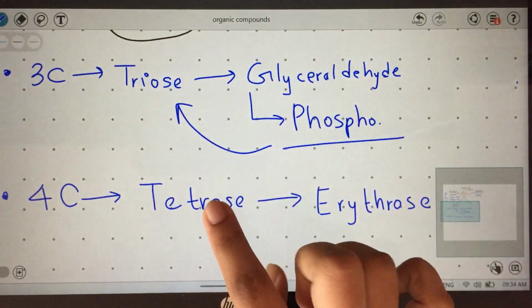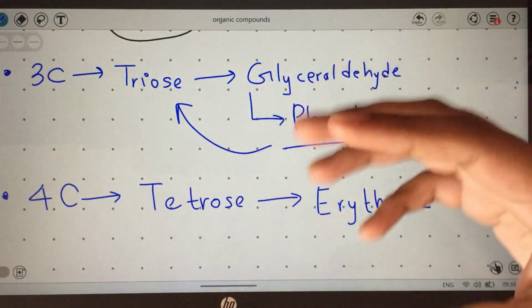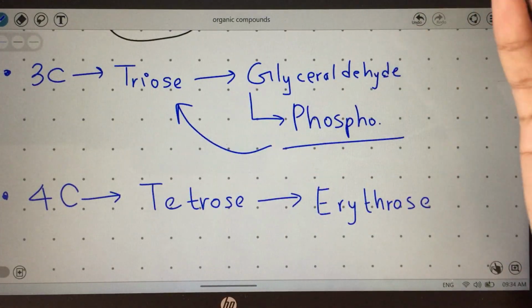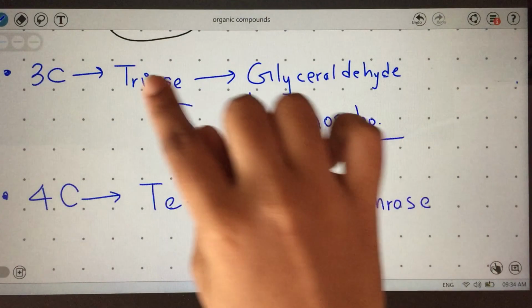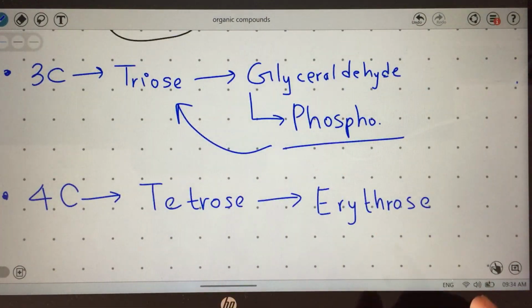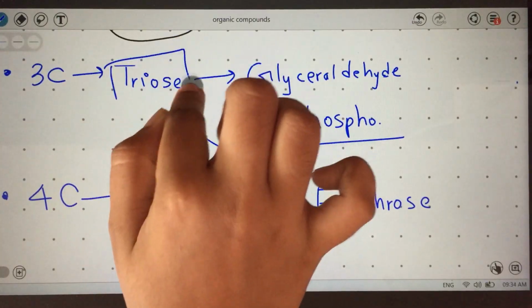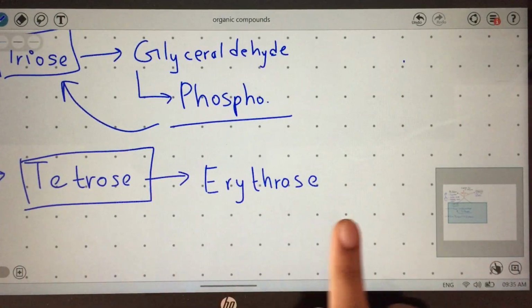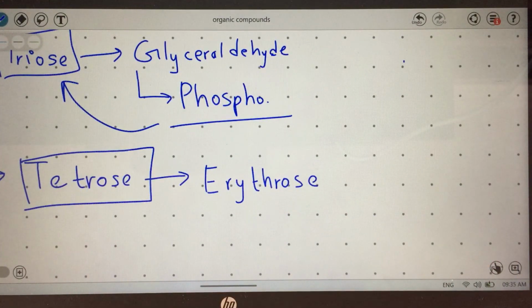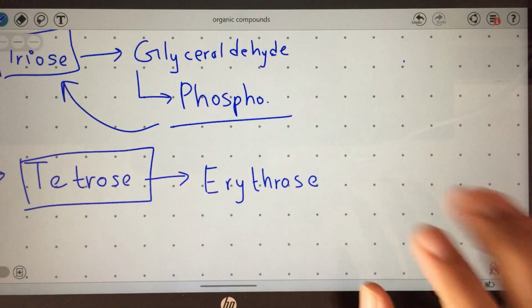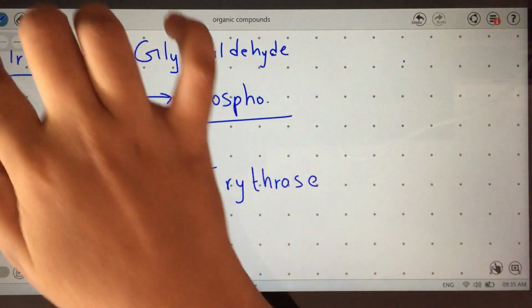Now this triose, tetrose, that's like a common category name, like vegetables, fruits, something like that. These are examples for that, okay? So I'll box the common category name, then it's easier to understand, okay? Tetrose, you have example erythrose. Now they have given a point about erythrose. What is it? It's rare in nature.